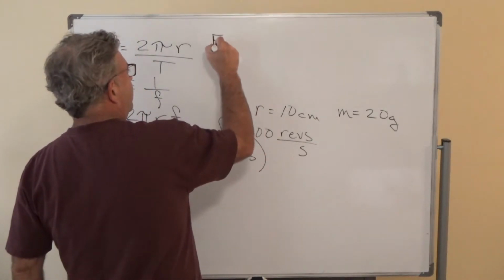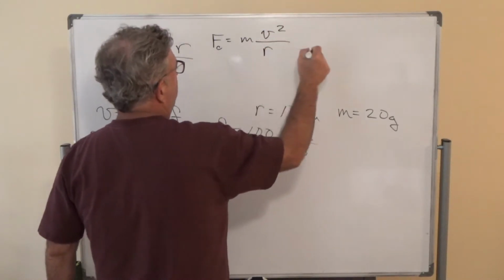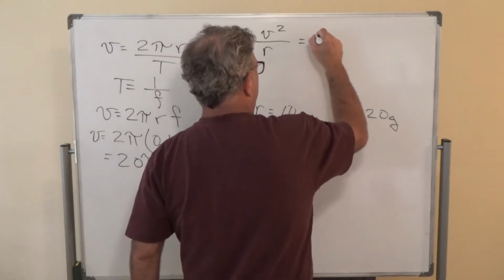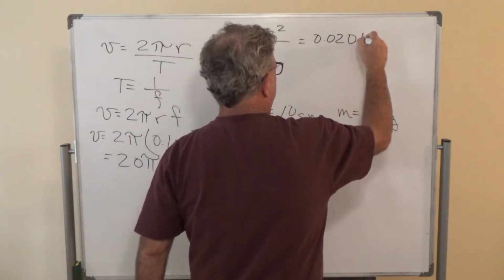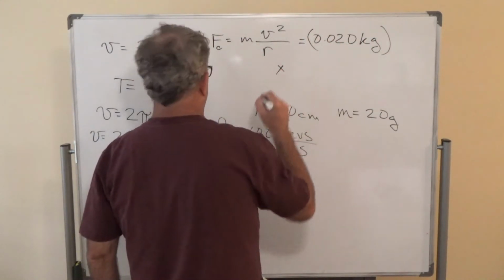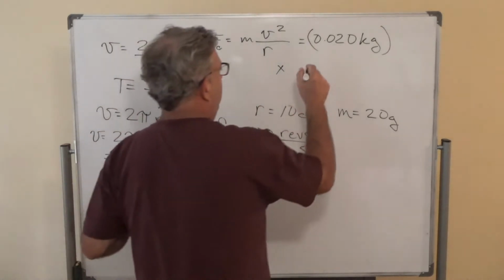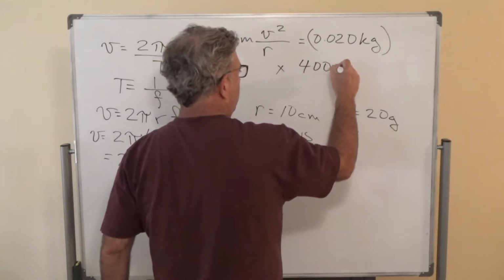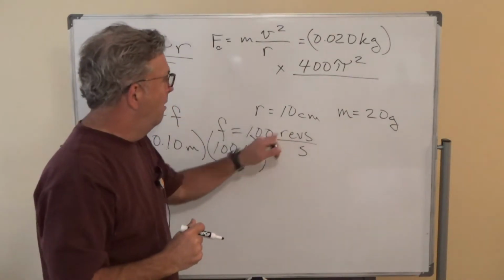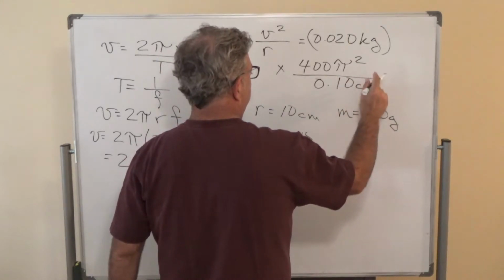So F_C is equal to m v squared over R. So this is equal to 20 grams, so that's 0.020 kilograms times V squared, well, that's 400 pi squared, divided by R, which is 0.10 meters.